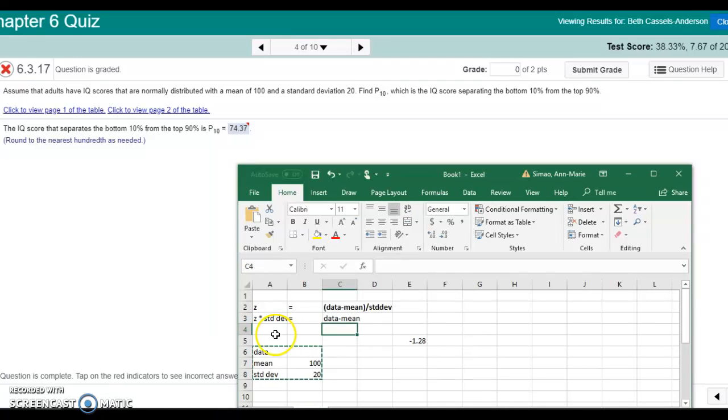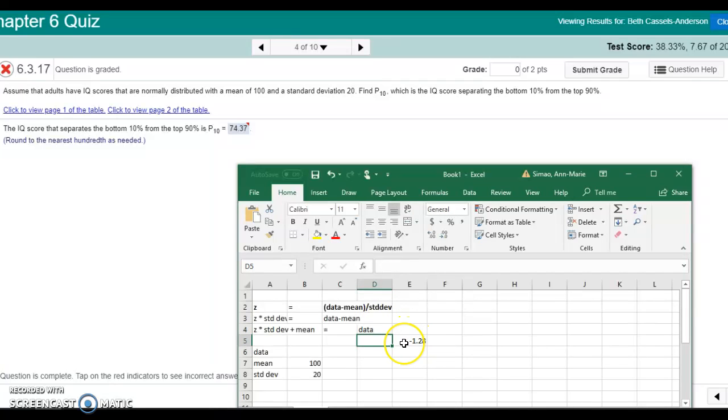But I'm looking for that data value, so we're going to add my mean to both sides. So now z times my standard deviation plus that mean is a formula for what that data value is going to equal.